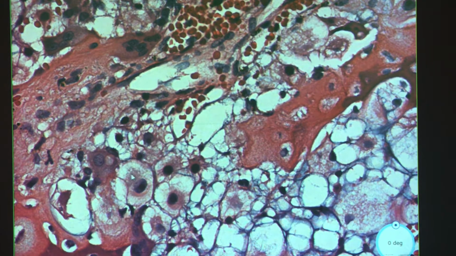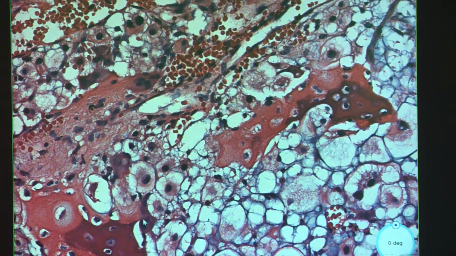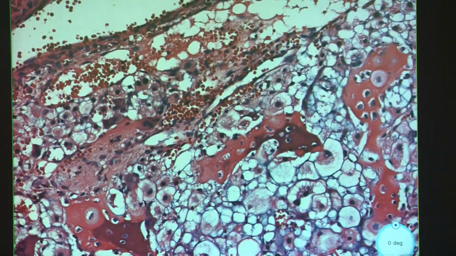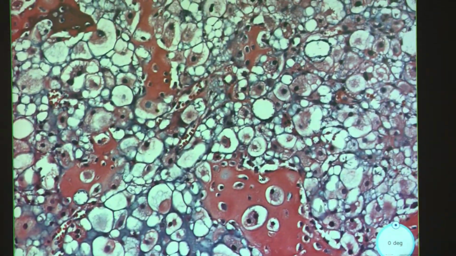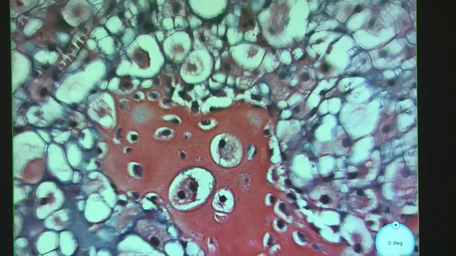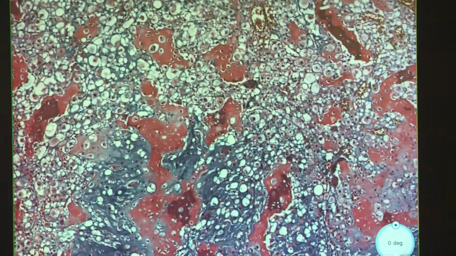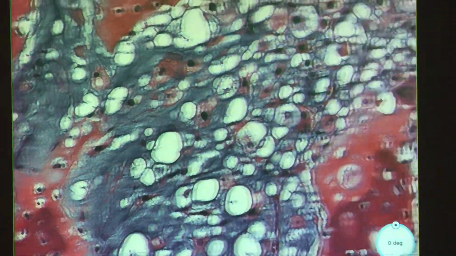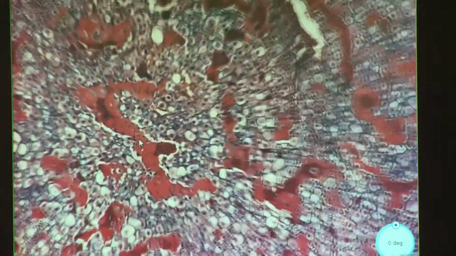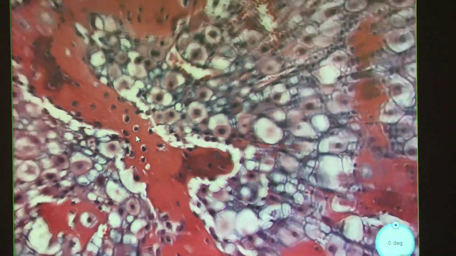The cytoplasm that they have is relatively frothy, it's pale, some of them are maybe more eosinophilic. We have some osteoclast-like giant cells, like there's one, it might actually just be an osteoclast. There's more of them. Or the osteoclast-like cells, sorry.